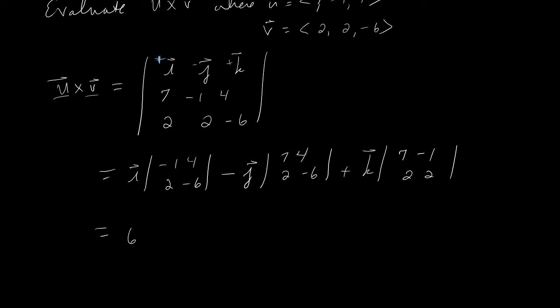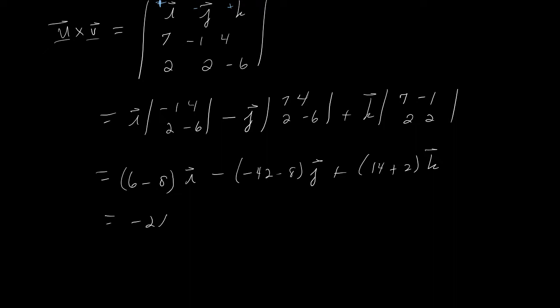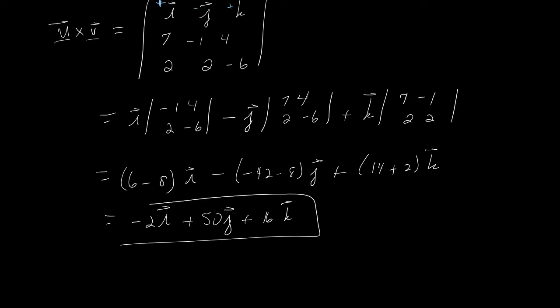So this is going to be positive 6 minus 8 in the i direction, minus negative 42 minus 8 in the j direction, plus 14 minus negative 2 in the k direction. So that's going to be negative 2i minus negative 50, so that'll be plus 50j, plus 16k. Okay, so there is our cross product.